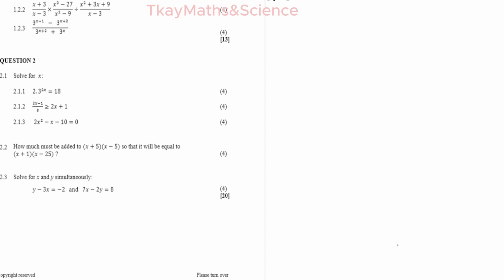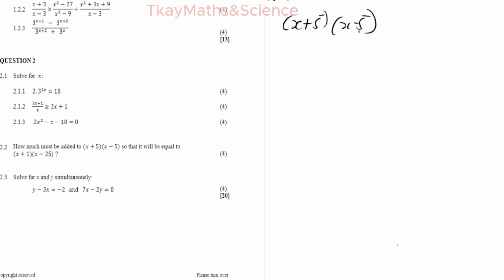2.2 is saying how much must be added to x plus 5, x minus 5, so that it will be equal to x plus 1, x minus 25. So they're saying what must be added to x plus 5, x minus 5.